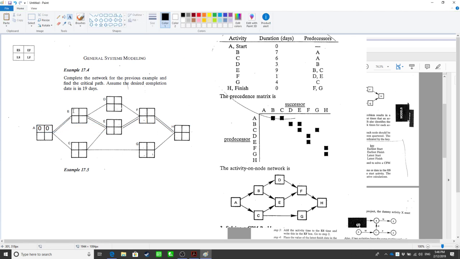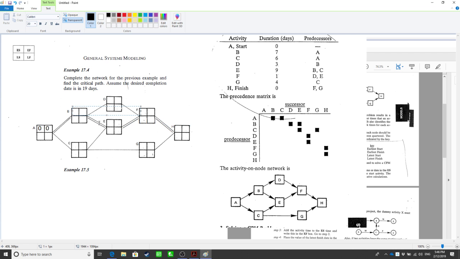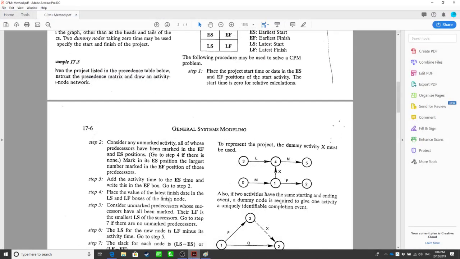And the earliest start time of B? It's the smallest earliest finish time in its predecessors. I'm sorry, largest number. Yeah.